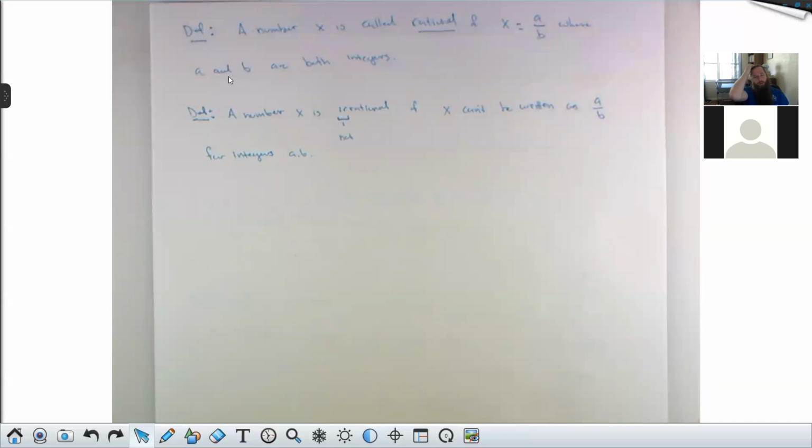And there are other ways to think about it, right? Most of us are familiar with the idea of a decimal representation going on and on forever without any repeating patterns. But the technical definition of irrational is just not rational, i.e. not this. Cannot be written as a fraction a over b, where a and b are both whole numbers. So a number is called rational if you can write it as a fraction of whole numbers, and it's called irrational if you can't write it as a fraction of whole numbers.